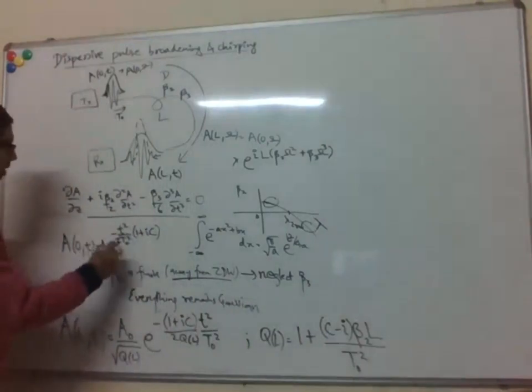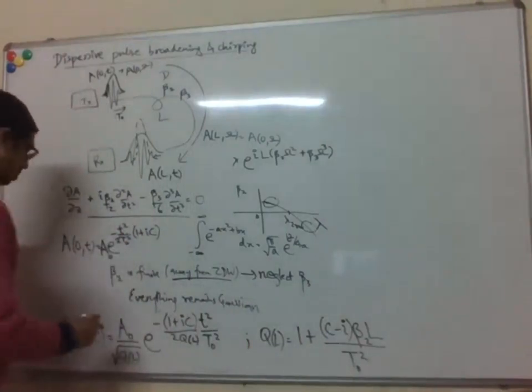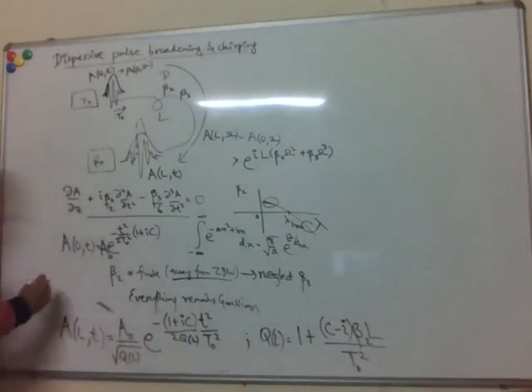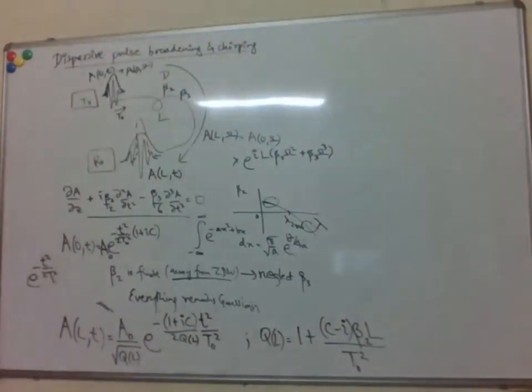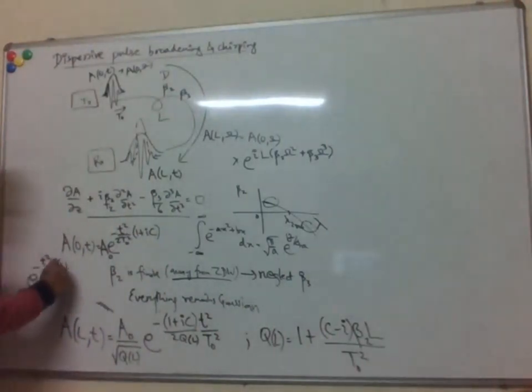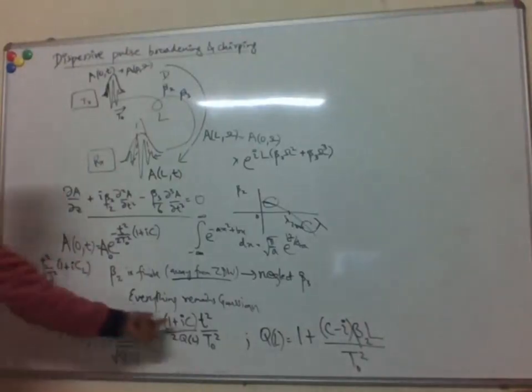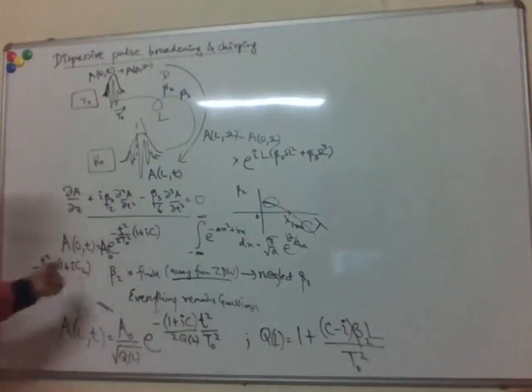So the real part will give me the effective pulse width, right? So if I write this as e to the minus t square by 2 T_L square and then 1 plus i C_L, right? So separate this into real and imaginary parts.